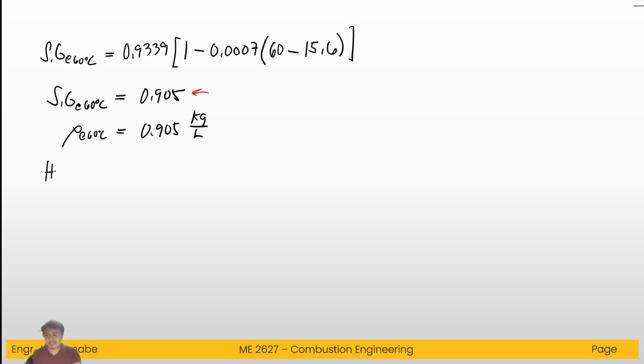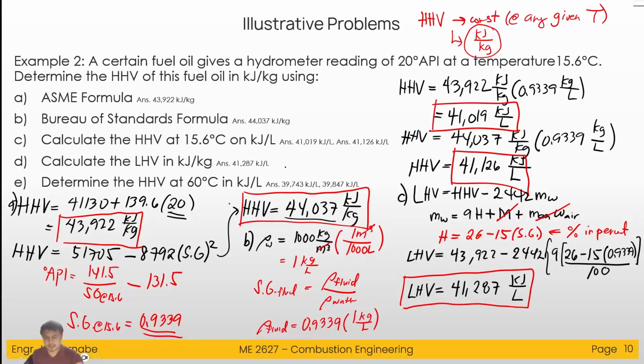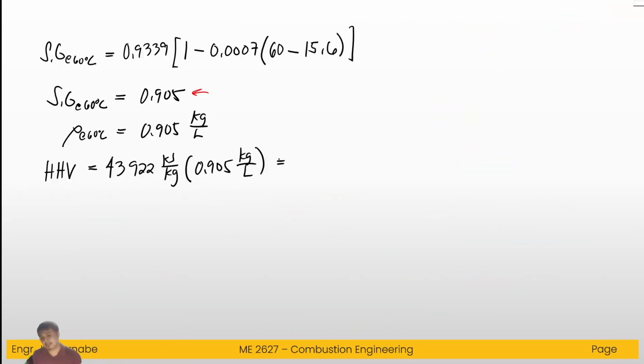So we can find the high rating value for the ASME standard to be 49,32 kilojoule per kilogram multiplied by 0.905 kilogram per liter, which is 39.4 kilojoule per liter.